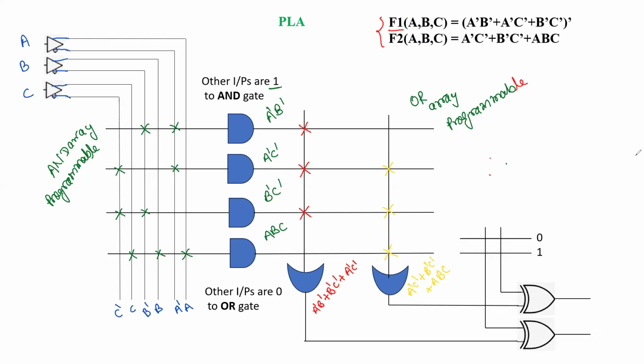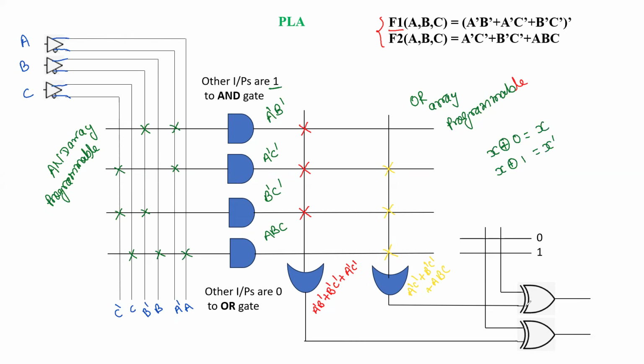Now since one of the outputs, that is a function, is with complement, we are going to use the property of the XOR gate. In case of an XOR gate, X XOR 0 is what? X. If you have X XOR 1, that gives us the complement of X. Similarly, here we have two XOR gates, since we have two functions, one without complement and one with complement.